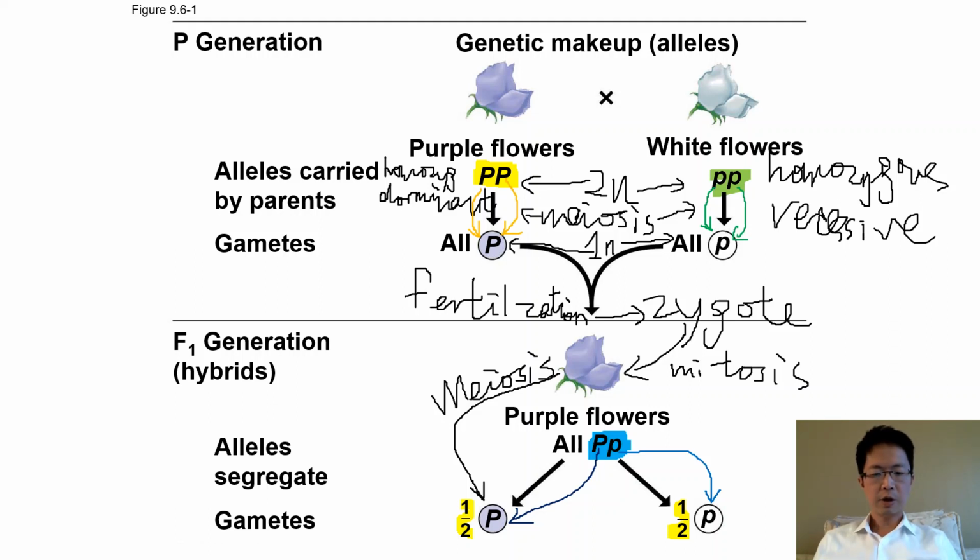Because of that, we call this big P, small p here heterozygous dominant. I'm running out of space, but you know what I mean, heterozygous. And then we call it dominant.